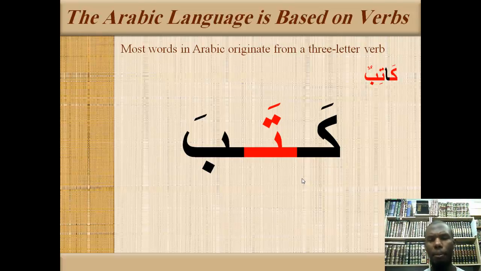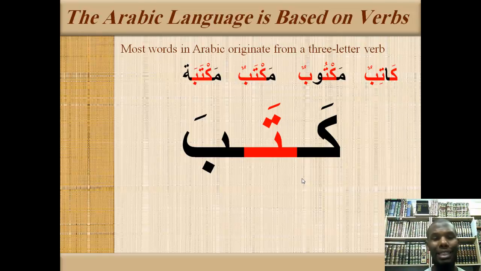Now if you look at the top of the screen, you're going to see other words start coming up, and those other words are derivatives of ketaba. So we have katibun, maktubun, maktabun, maktabatun, and kitabatun.